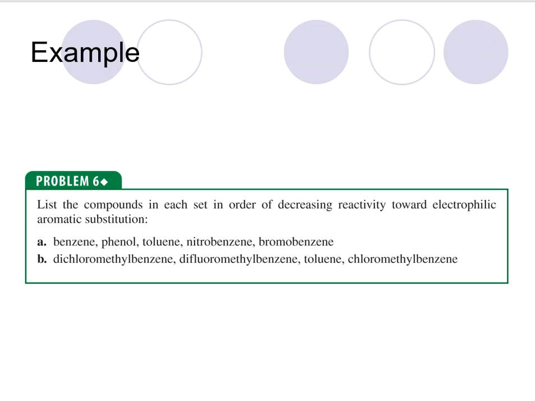I hope so, because we just did it in the first half of this lecture module. And if I look at B: dichloromethylbenzene, difluoromethylbenzene, toluene, chloromethylbenzene. Can you draw those structures? Because only when you draw those structures can you compare those structures to that chart.